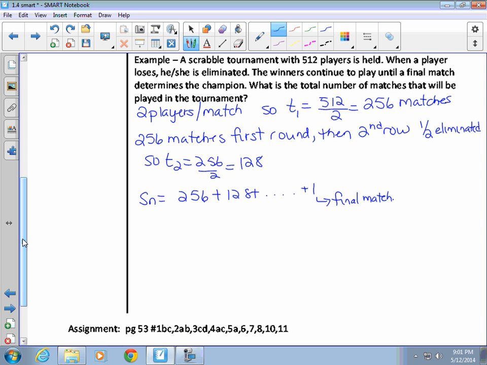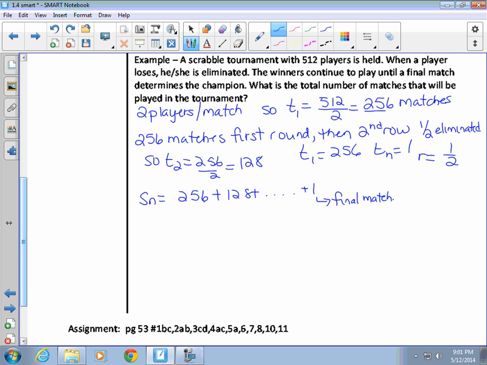I know my T1 is 256. I know my last term is 1, and I know my ratio because I'm always dividing by 2, so my ratio is 1/2.